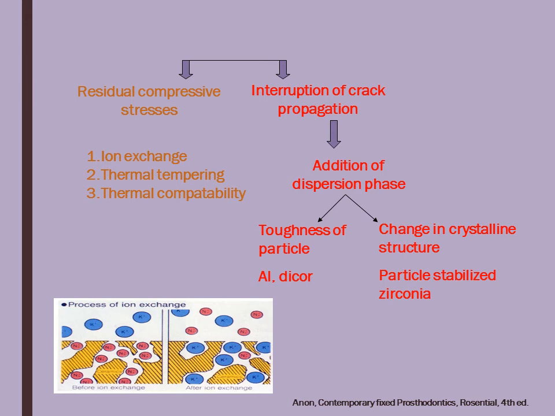The interruption of crack propagation: so we are actually manipulating the intrinsic or the crystalline structure. So, addition of a dispersion phase. When we add a dispersion phase, this leads to the toughness of the particle. This can be done by adding aluminium or DICOR, and change in the crystalline structure, for example, partially stabilized zirconia core. So these are the different dispersion phases that we can add into the ceramic to cause its toughness by interruption of the crack growth.